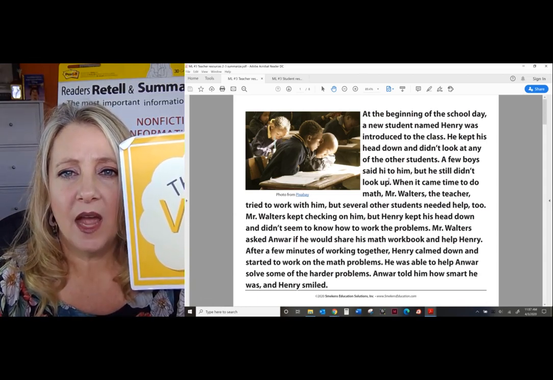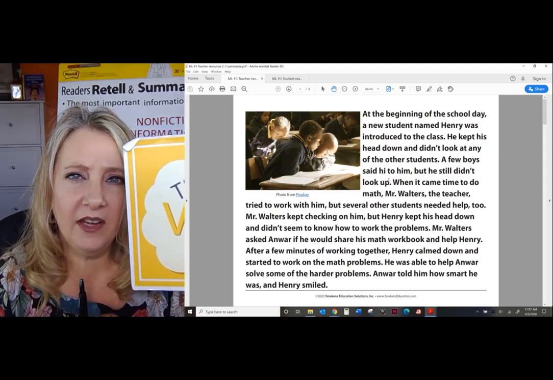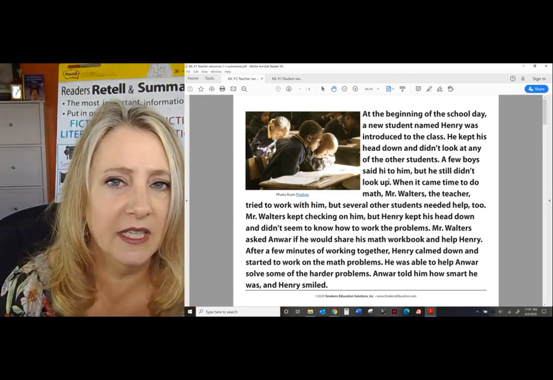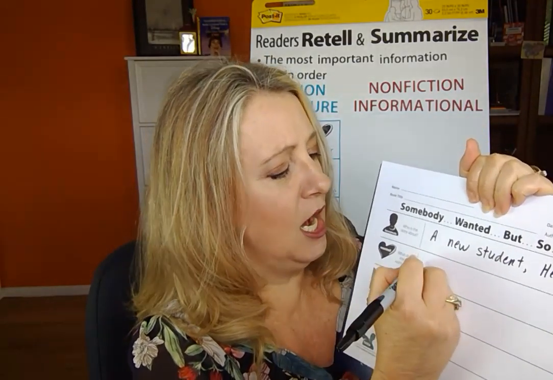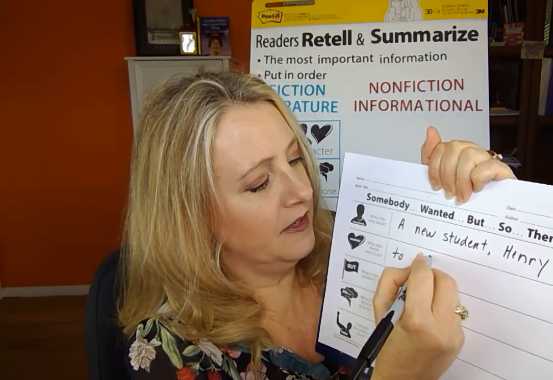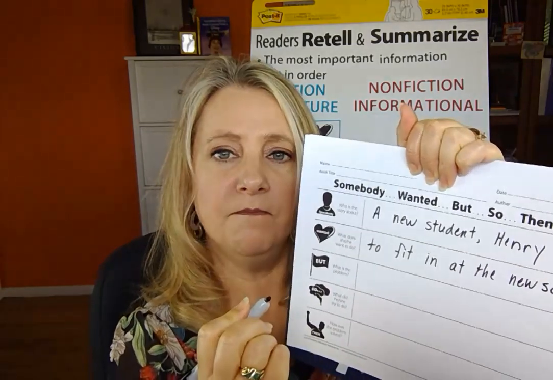And so I'm thinking that really in his heart, what he would want to happen on the new day of school is that he wants to join into his class. He wants to fit in, almost the same as Camilla. Okay, so a new student, Henry, he wanted, there's the word wanted, so I don't need to write it again. He wanted to fit in at the new school. Okay, so just a phrase, that's all I'm doing.